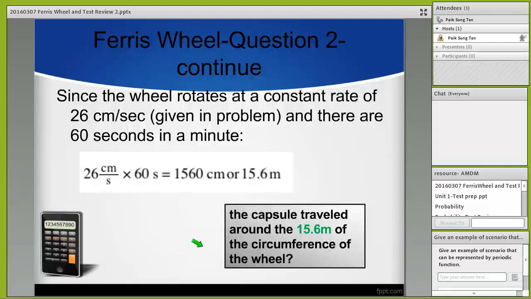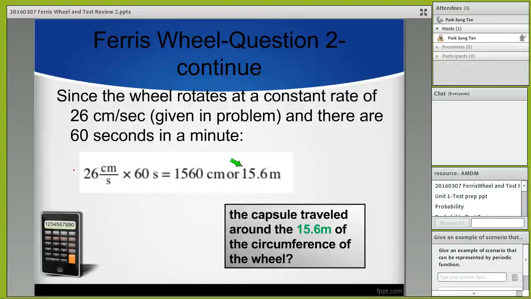Since the wheel rotates at a constant rate of 26 centimeters per second, given in the problem, and there are 60 seconds in a minute, we know that at each minute it has traveled 15.6 meters. So this is how we calculate.